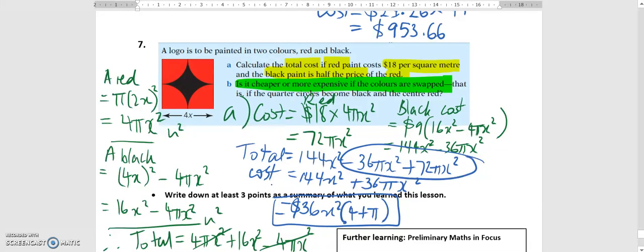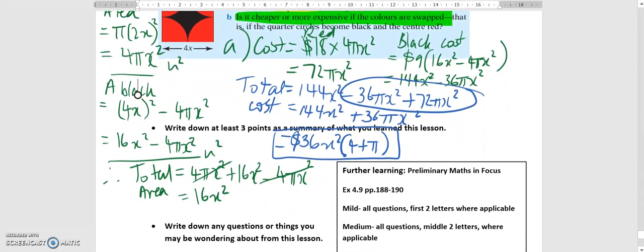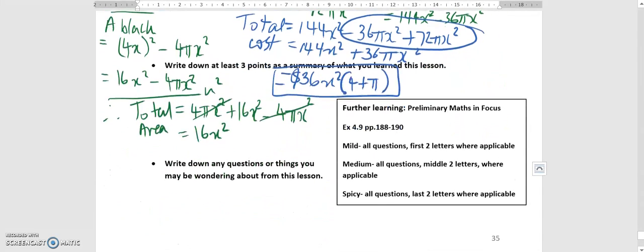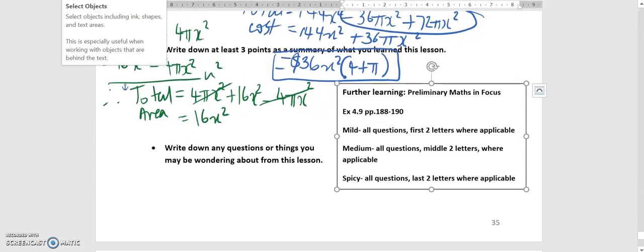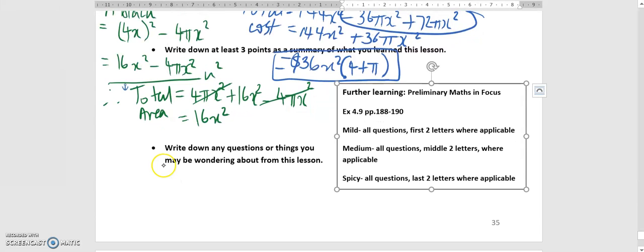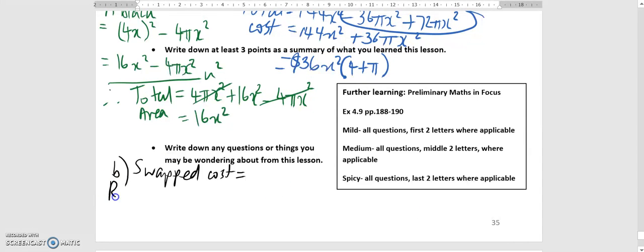Okay. Now, part B asks you to say, is it cheaper if the colors get swapped? Okay, so if the colors get swapped, then the red cost is actually going to be $9 times 4 pi x squared, which is actually 36 pi x squared dollars.